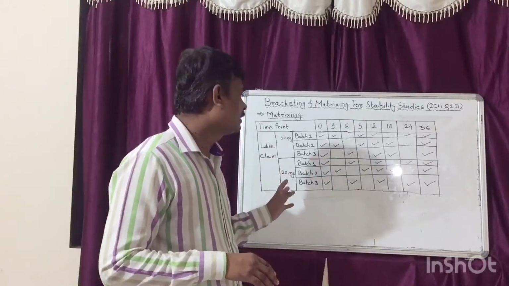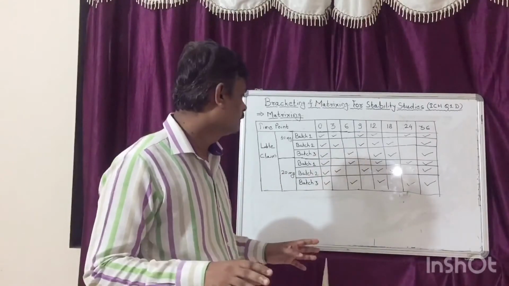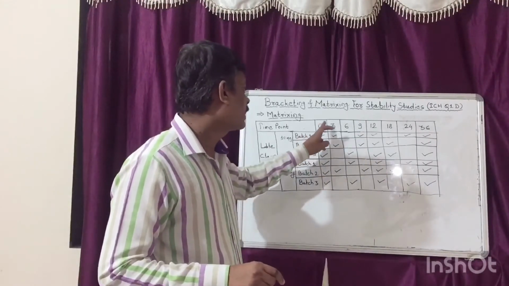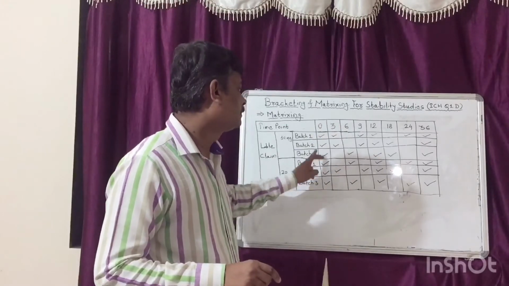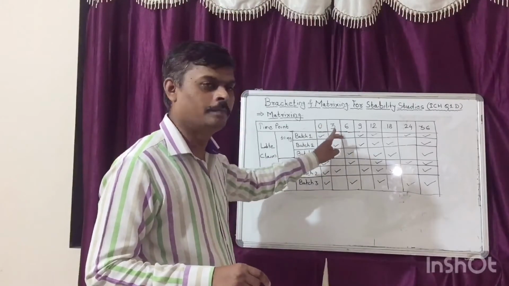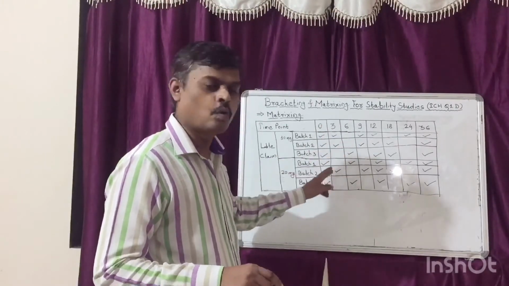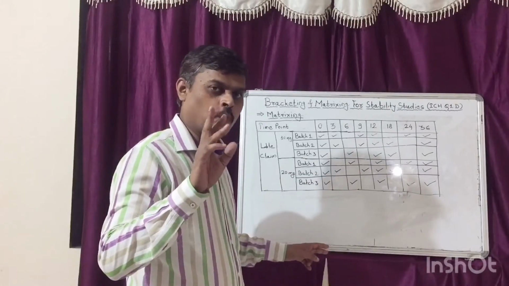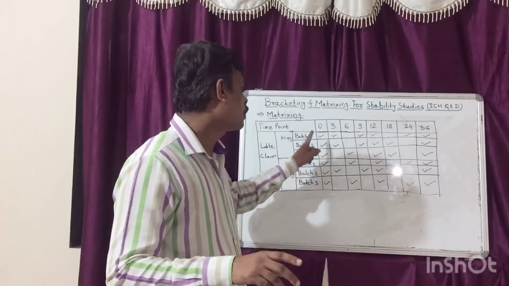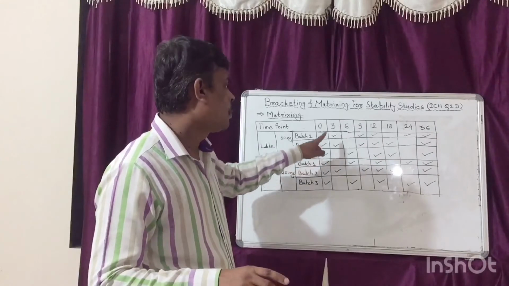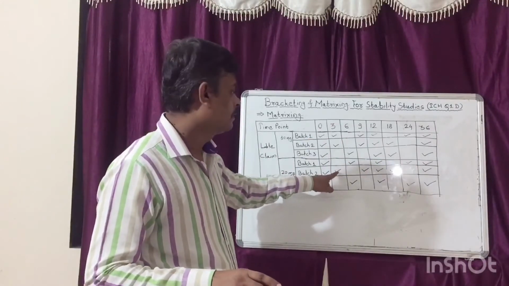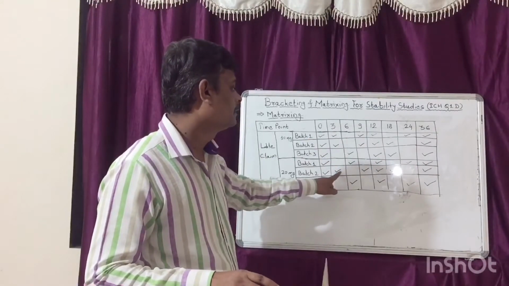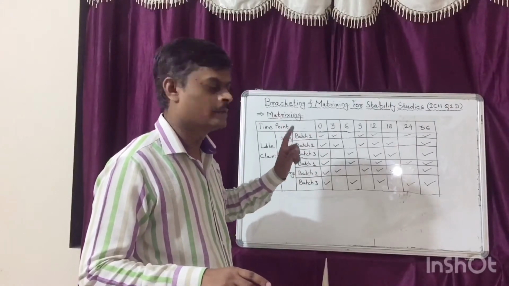The matrixing would be implemented such that, for example, the first time point of the stability study will be 3 months. Here only one subset of samples out of 6 batches, only 3 batches, would be tested at 3 months.